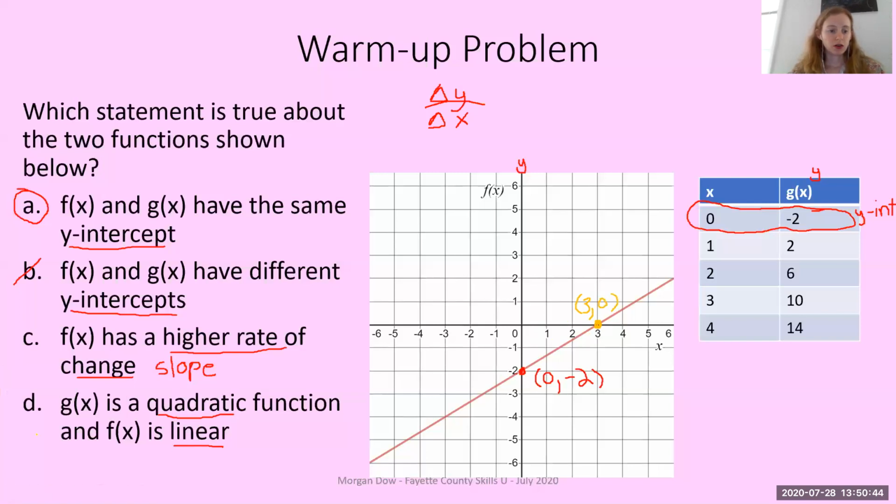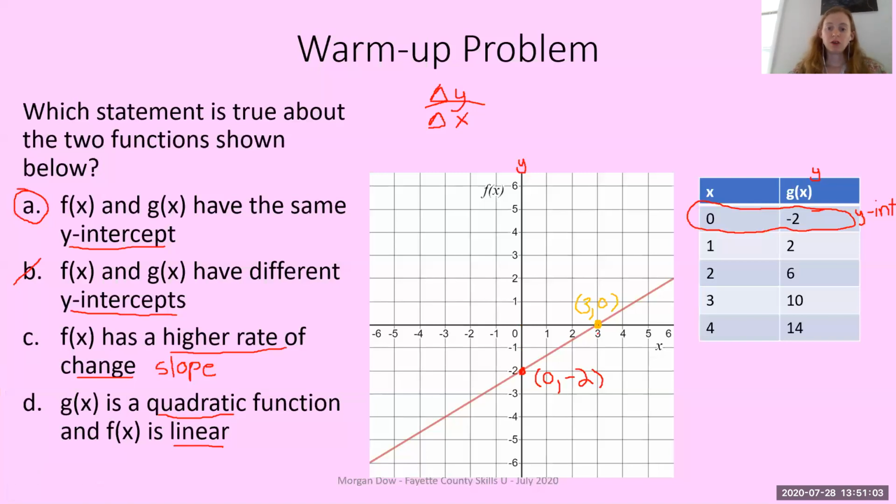To determine slope, we need to figure out, going from one point to the next, how much do we need to go up? So what's our change in y? And how much do we need to go over? What is our horizontal change, our change in x?